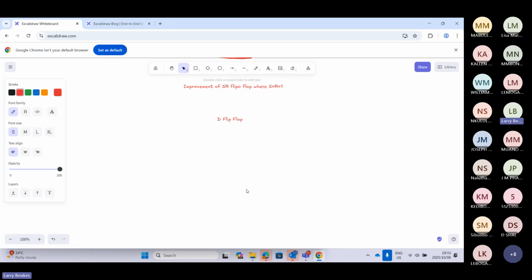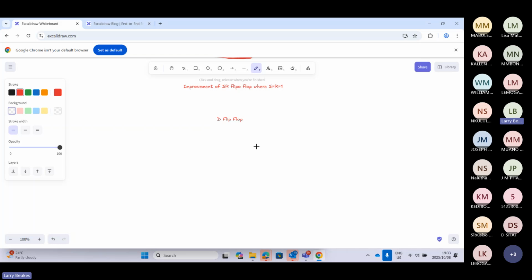Your shift registers, remember what we did with the shift registers, but you also do them in this module. You can use it for shift registers as well. But let's draw it first and then we'll see from the truth table how it works.